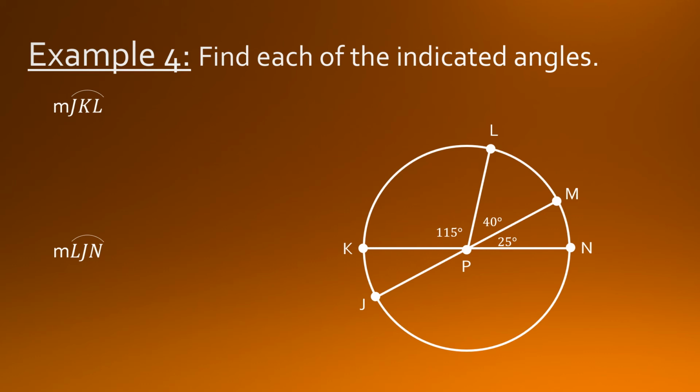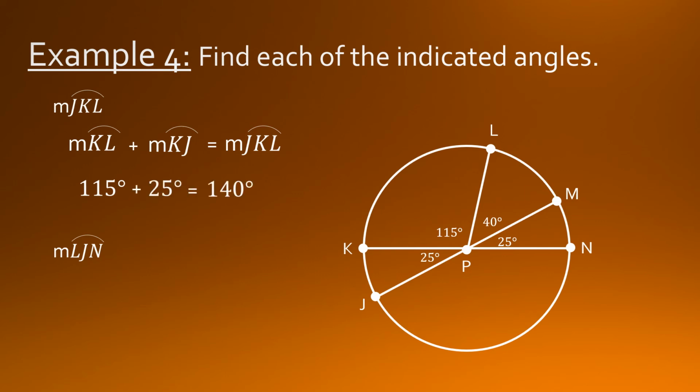I also see that angle MPN is 25 degrees, and that's vertical angles with KPJ, and vertical angles are equal. So now we can go ahead and say KL plus JK is equal to the entire large arc JKL. Or we could say 115 plus 25 is equal to 140 degrees.